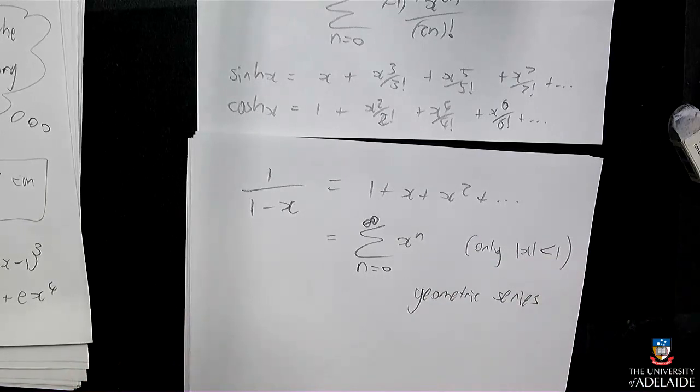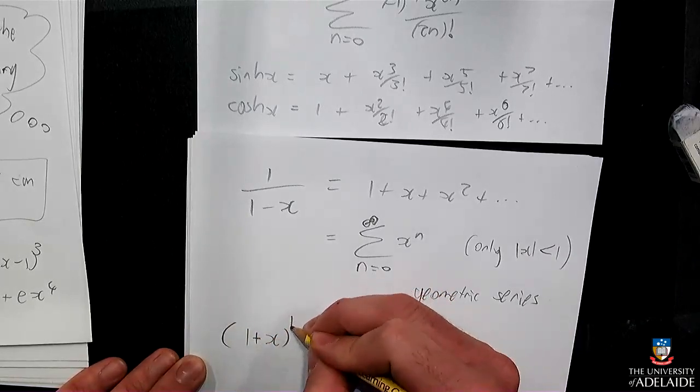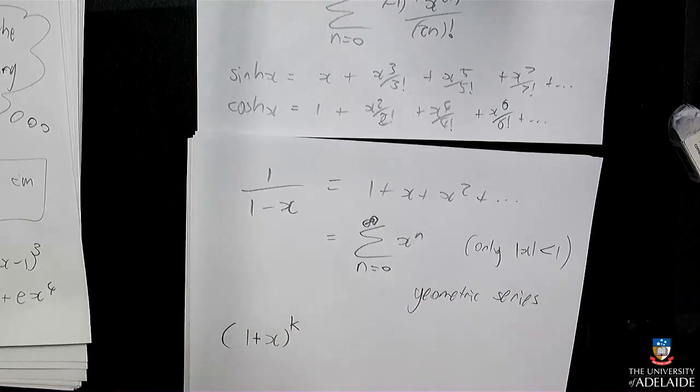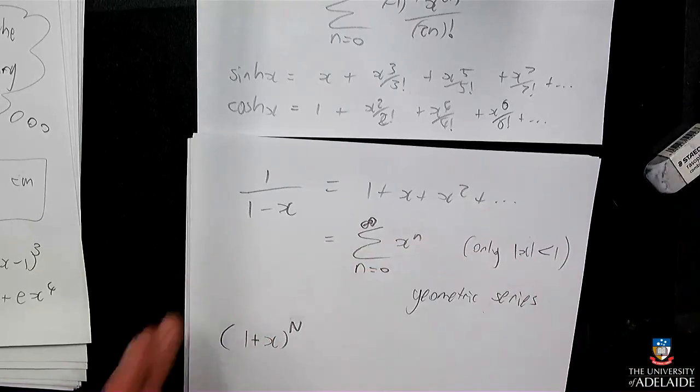Okay, and there is one more, which is this. Maybe I won't put a K, I might put a capital N there. This is the binomial series. Like this, well, this isn't a series at the moment. So if N is a whole number, this is a polynomial. And we already said right at the beginning that if you want the coefficients of a polynomial when you expand it out, you can use derivatives, the same way you do with Taylor series.